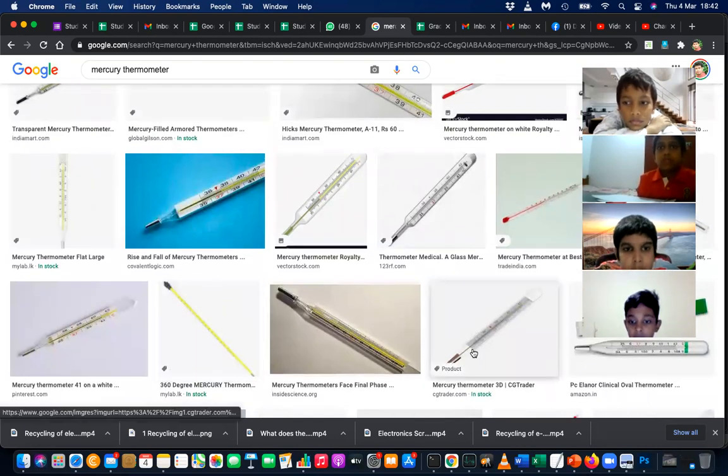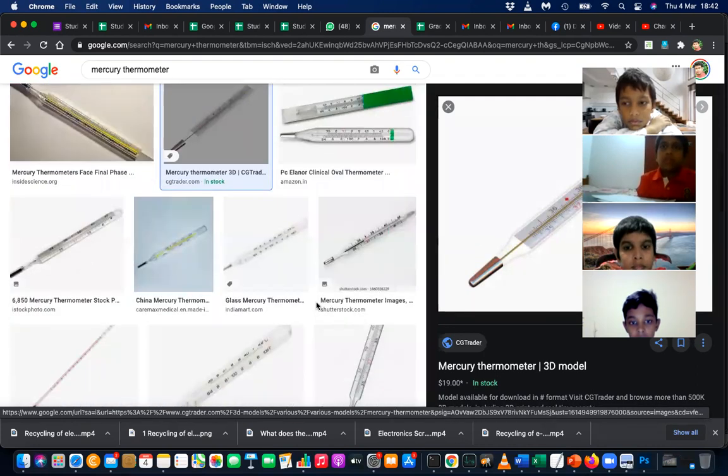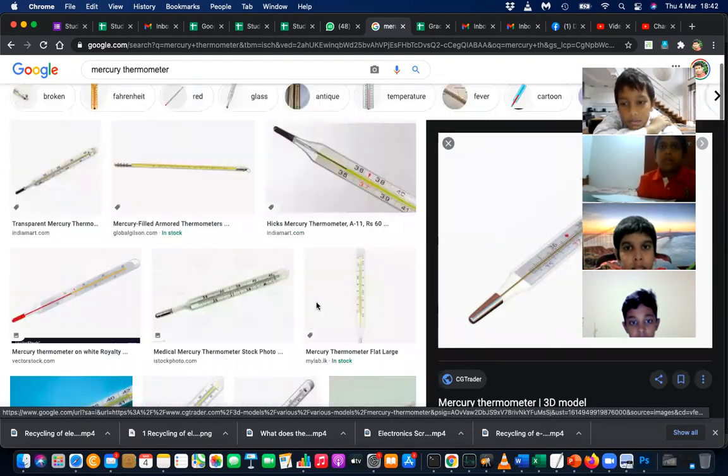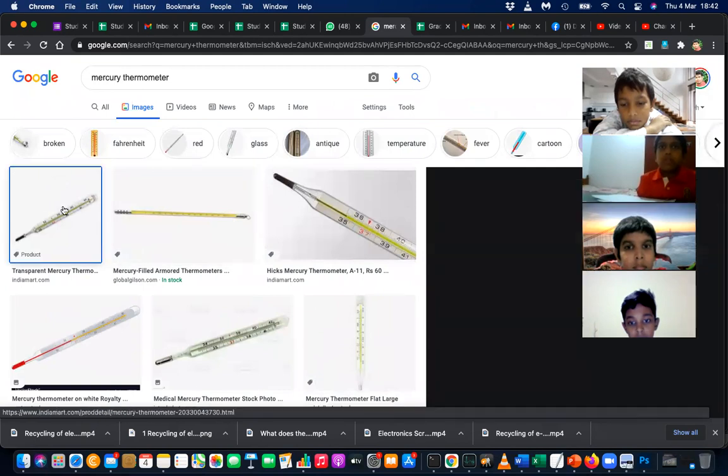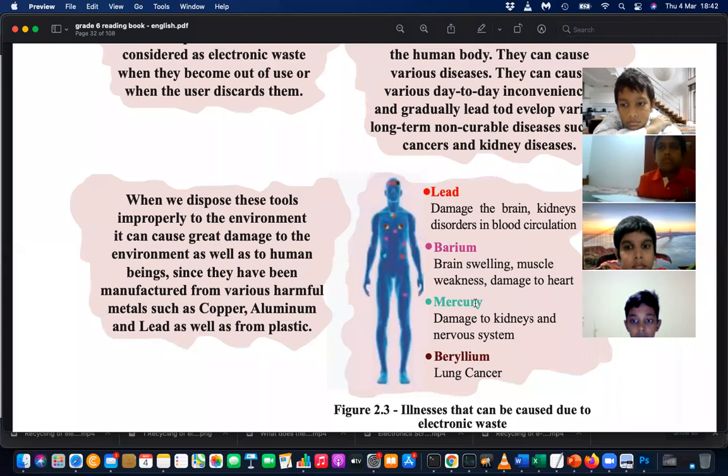But all those thermometers have mercury inside, and that is not good for our health. This is called a mercury thermometer. And beryllium also causes lung cancer. These are some bad materials for our health. So therefore we can't recycle.